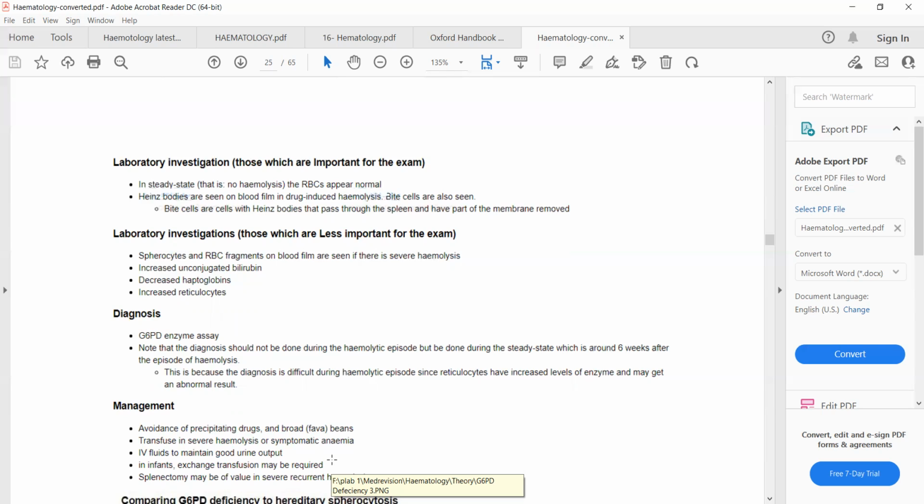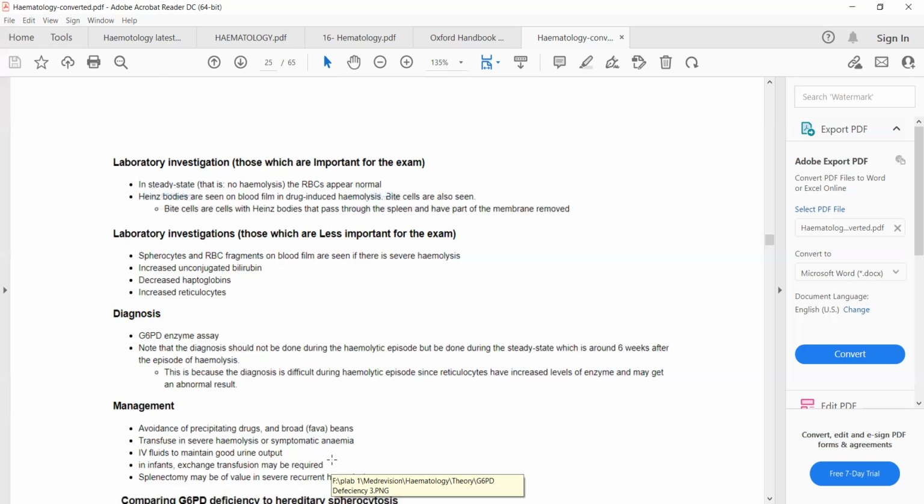And when RBCs are broken down, hemoglobin is released from these RBCs, and this hemoglobin combines with a plasma protein, haptoglobin, and this combination of haptoglobin and hemoglobin is then removed by the reticuloendothelial system of the body.